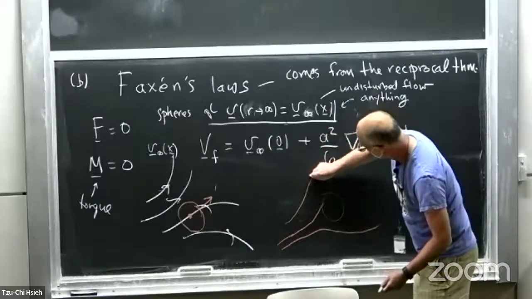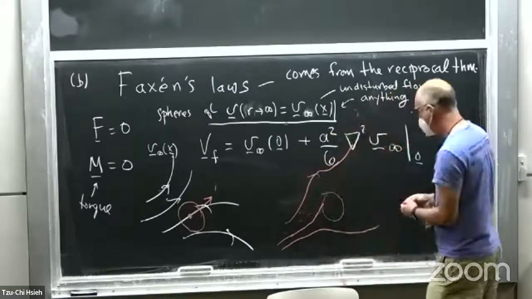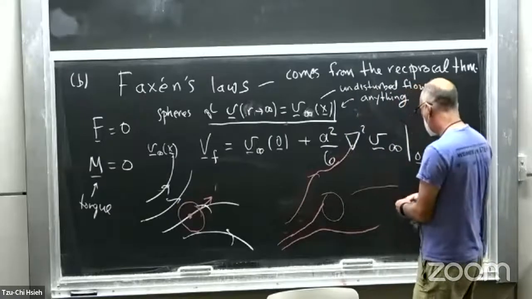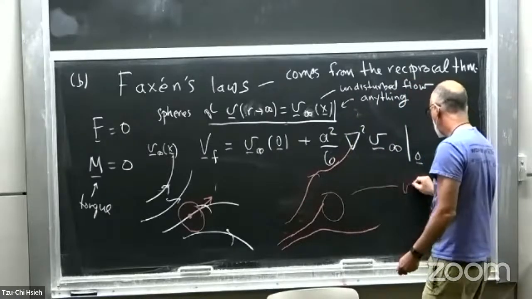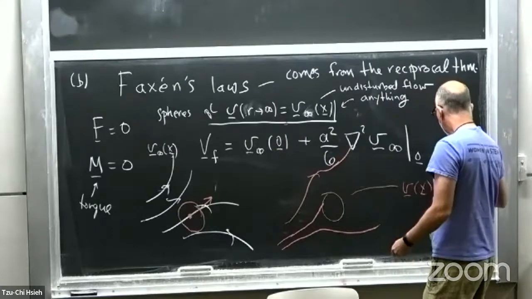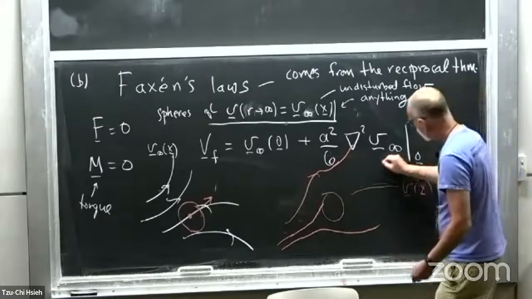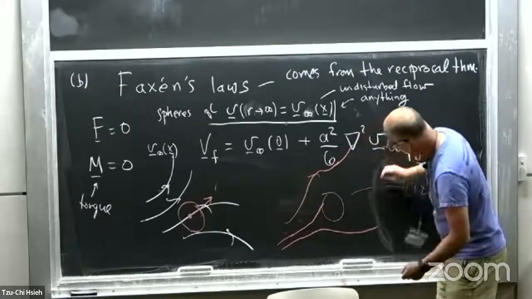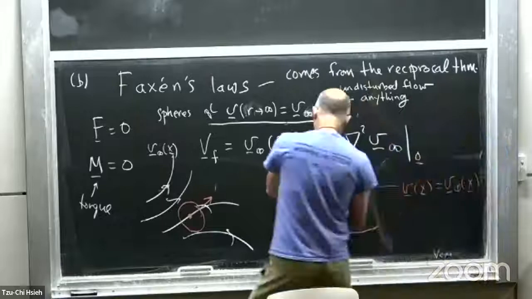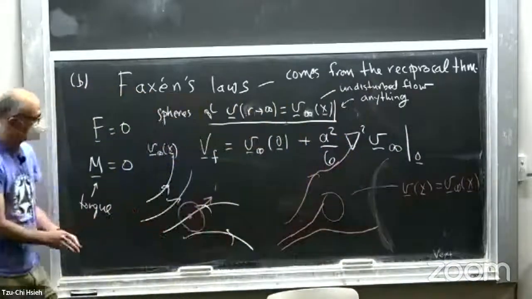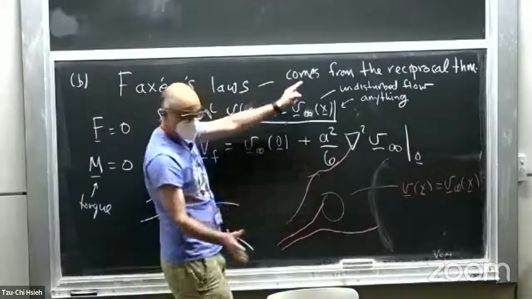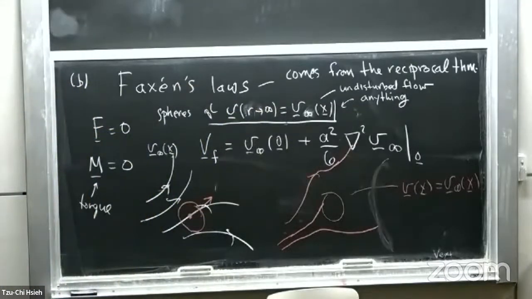Out here, v of x is equal to v infinity. But in here, it's different, because of the no-slip boundary condition. So v infinity is defined everywhere. We're mostly going to be thinking about cases like this, where we've got a shear flow, because at the scale of a bacterium, we don't have to worry about curvature.